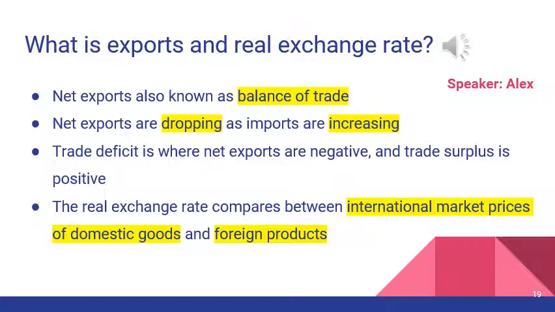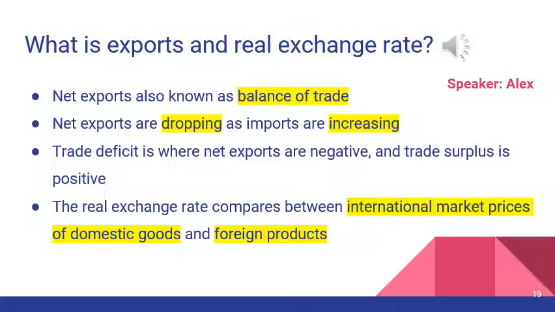Let's talk about exports and the real exchange rate. Net exports are known as the balance of trade. Net exports drop as imports increase because imported goods are cheaper than domestic goods. A trade deficit is when net exports are negative.